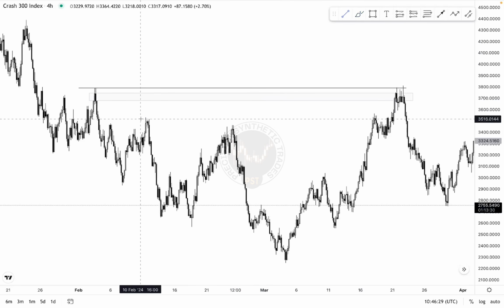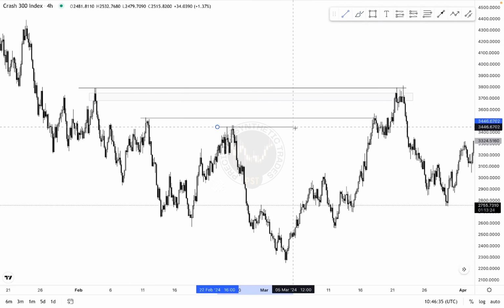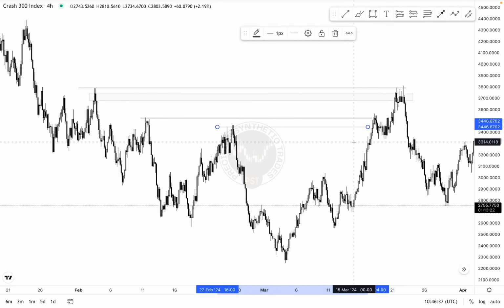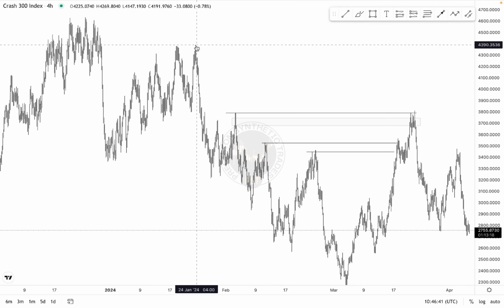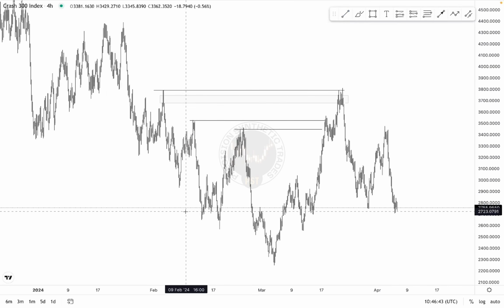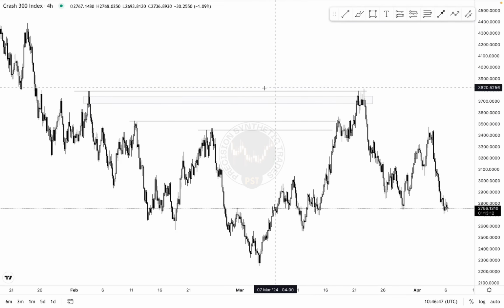So if I mark this out, valid zone of liquidity, valid zone of liquidity. And if we zoom out, as you can see, it was also a huge price move down. So for me, price needs to come back up to take out this liquidity before we can start moving down again.